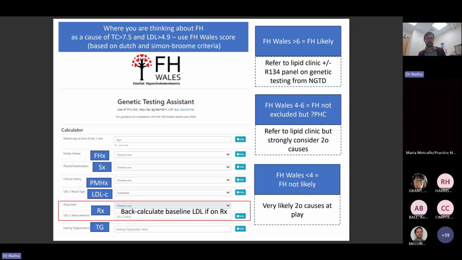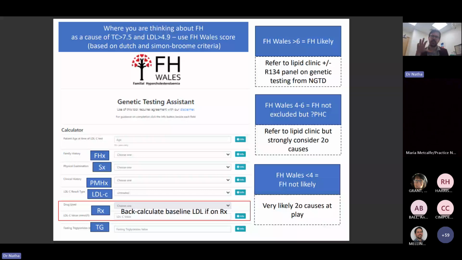elevated LDL cholesterol. The FH Wales tool available online allows you to input clinical information about the individual in front of you from their family history, personal history, and their treatment history and their cholesterol values. And on the screen are some of the cutoffs that we use for thinking about familial hypercholesterolemia to be likely.